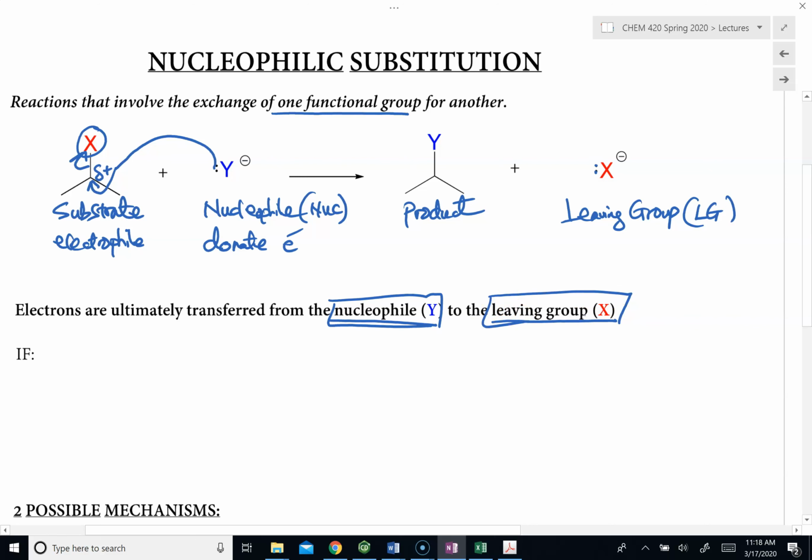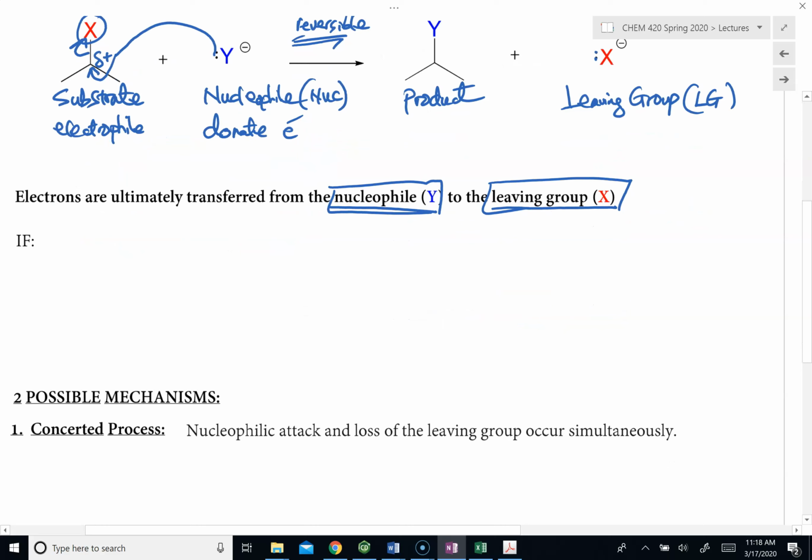One can imagine this reaction may be reversible. If the product formed is not stable, then this reaction may be reversible. So how do we know whether this reaction will be possible or not? Again, we see that electrons are ultimately being transferred between the nucleophile and the leaving group.